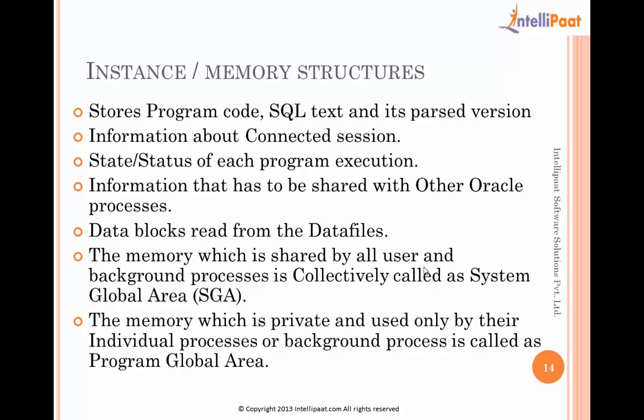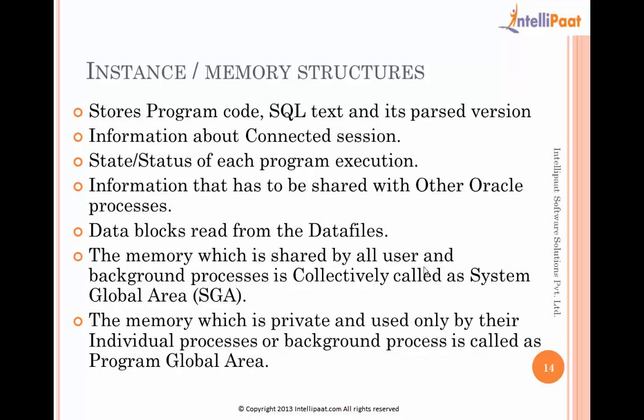The memory which is shared by all users and background processes is collectively called the system global area. This is the shared pool, the database buffer cache, redo logs, all of which help the background processes and server processes. They are all grouped together as the system global area.